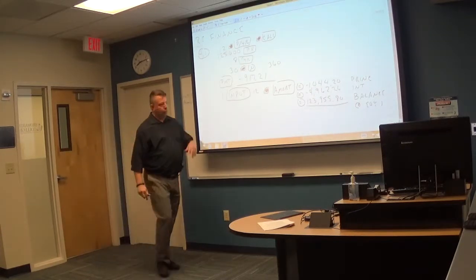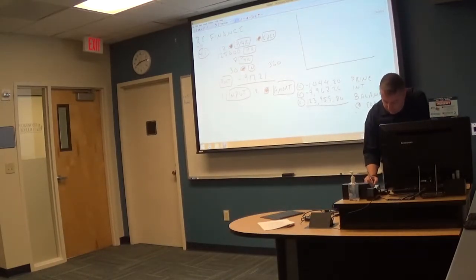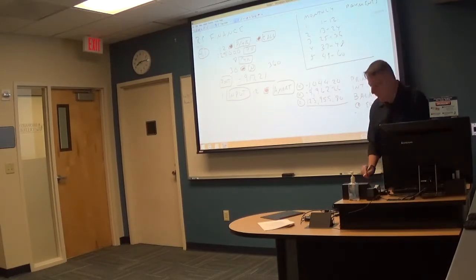So you do need to become comfortable with knowing that year 1 is going to be months 1 through 12, year 2, 13 to 24, year 3, 25 to 36, year 4, 37 to 48, year 5, 49 to 60.